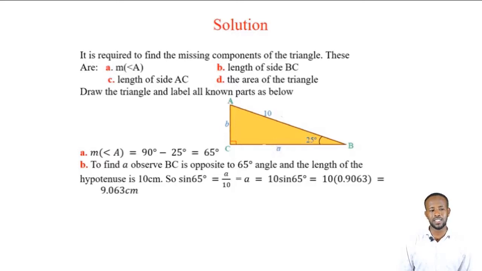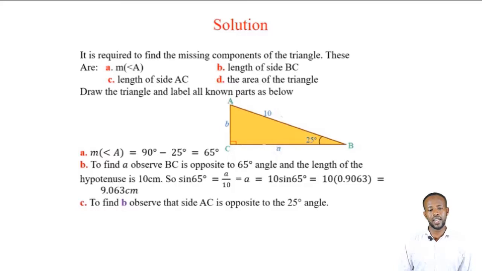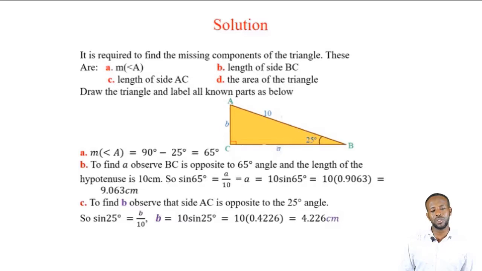What's left for us? Side AC, or b. Now again, to find b, observe the side AC is opposite to the 25 degree angle. Now we can say sine of 25 degrees is equal to opposite over hypotenuse. The hypotenuse you have, you don't have the opposite side, this b.